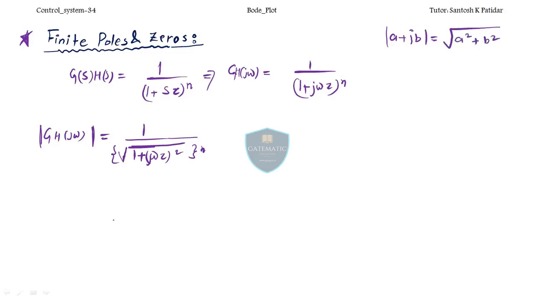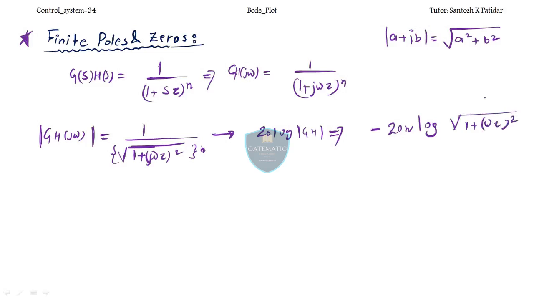The same thing I did over here also, you can check. Now the next step is to convert this magnitude into log, dB. So you have to take 20 log of whatever you got over here. So it will finally become minus 20 n log of the square root of 1 plus omega tau square.